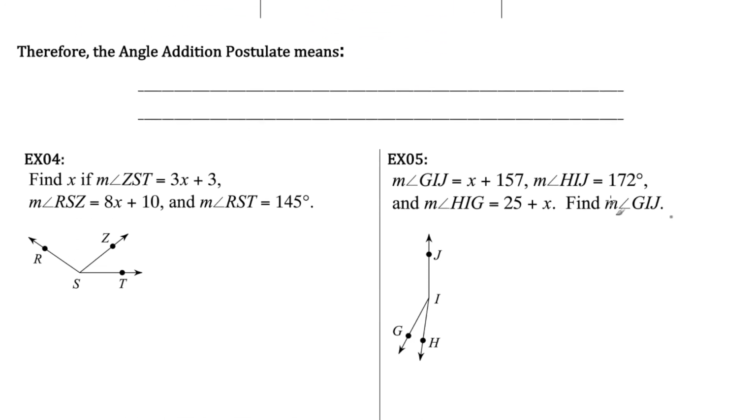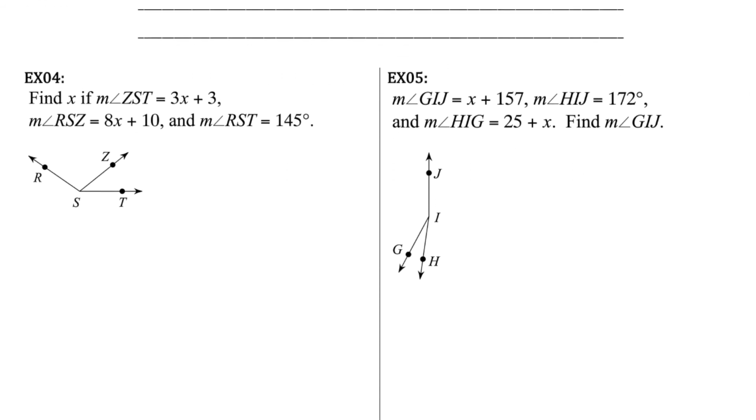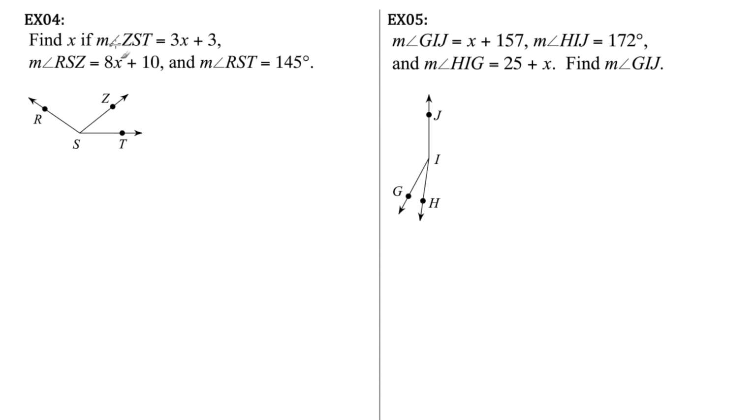So the angle addition postulate, what does it mean? If you have two angles of a larger angle, you add them together, you get the larger angle. Not too crazy, right? So find x if the measure of ZST is 3x plus 3, and the measure of RSZ is 8x plus 10.